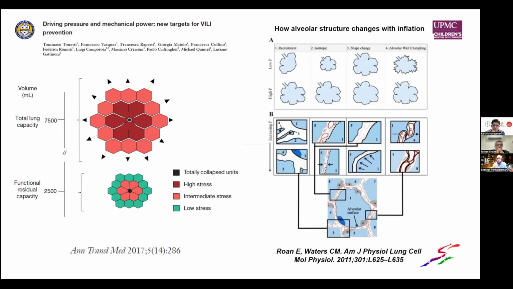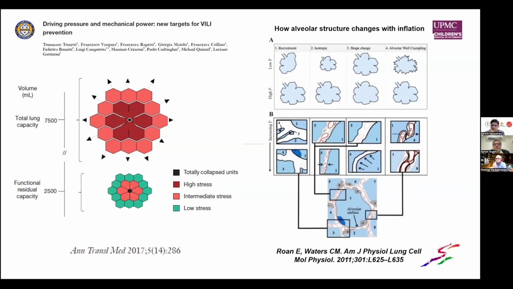On the right-hand side is a very interesting study from 2011 where they showed that the alveolar shape changes with inflation pressure depending on its initial condition. For example, one is an alveolus with significant atelectasis, which will then recruit with high airway pressure. Similarly, number 4 shows alveolar wall crumpling with low pressure. With high pressure, it actually shows opening up of the alveoli.